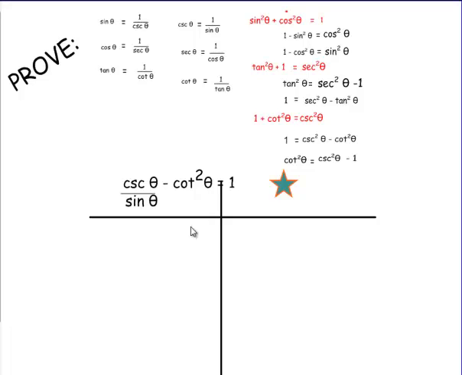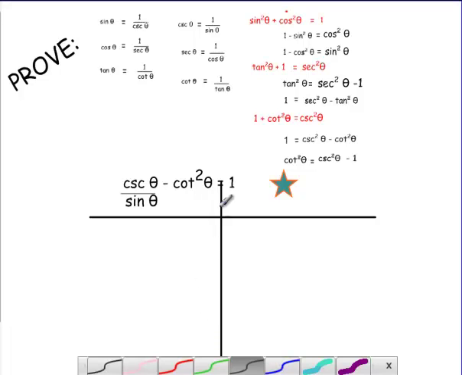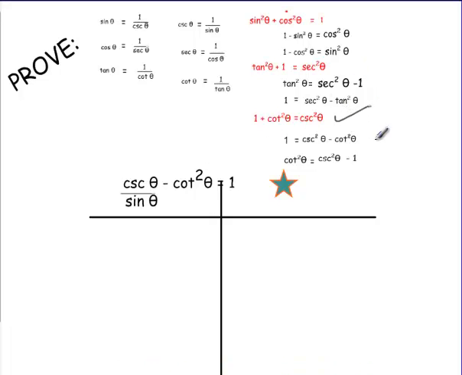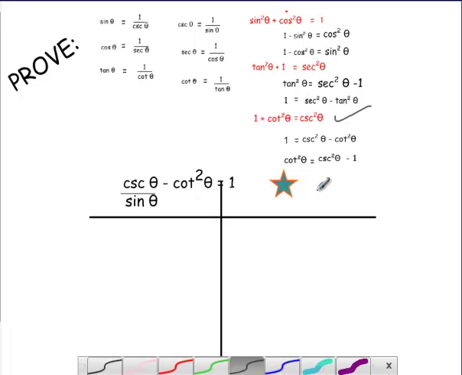Okay, last one. Once again, I look over here, and I see that I've got a cotangent squared right here. So that's when I want to manipulate this left side so that somehow it looks like one of these. I'm going to start with the same thing. Let's see. Can I get a cosecant squared?